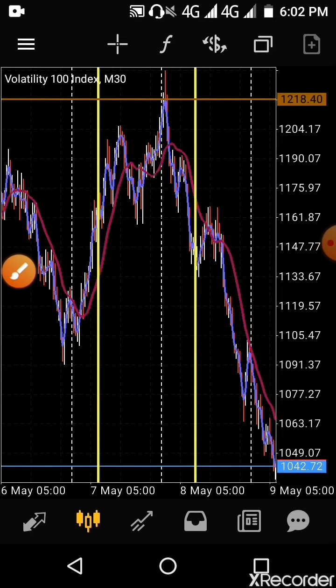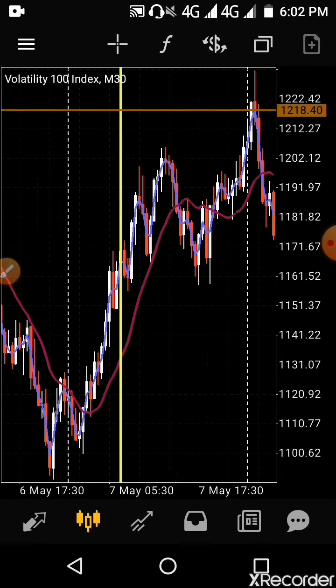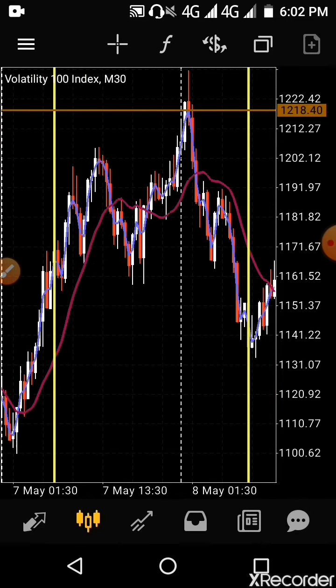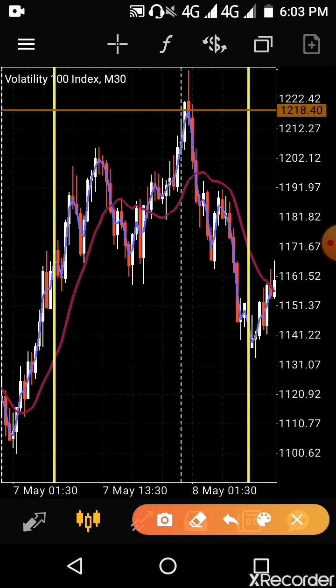Let me make it bigger. I'm trying to zoom out a bit so that you can see. All right, so this is M30. Well, the first one was on M15. This is M30. M30 is also giving us this same M pattern. All right, so if you wanted to trade this, like the same reversal point, and then now the trade has gone from here and then it's now coming here.